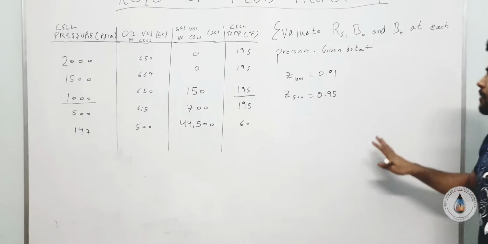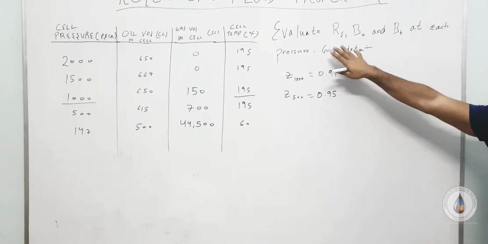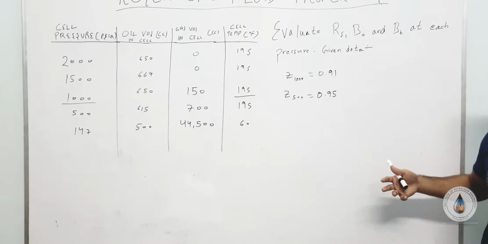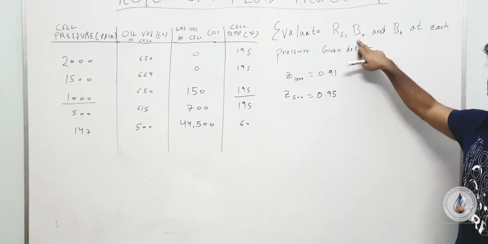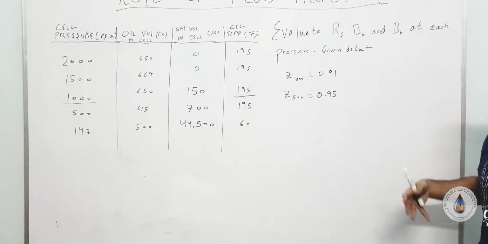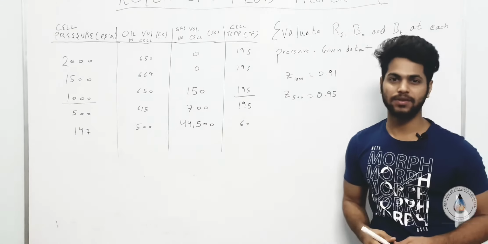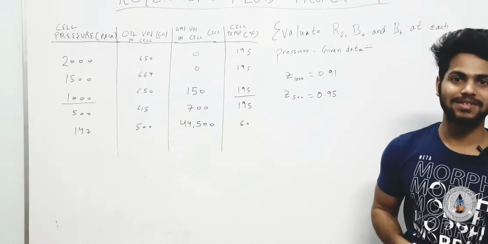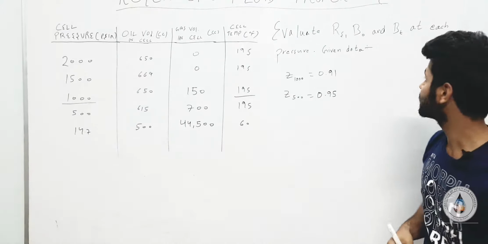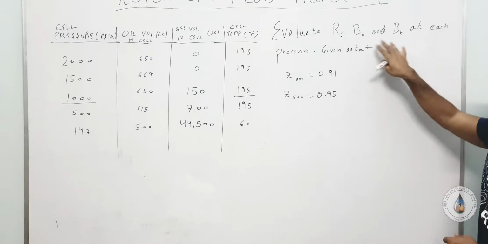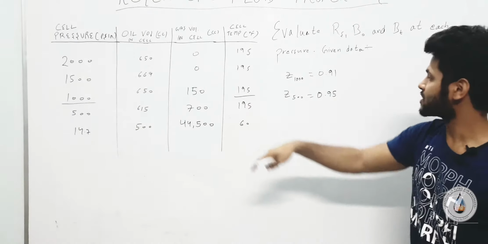What we have been asked is to evaluate Rs, which is gas solubility, my formation volume factor of oil, and my total formation volume factor, or the two-phase formation volume factor, as we have discussed in the previous lectures. We have to evaluate all these values at all these pressures.